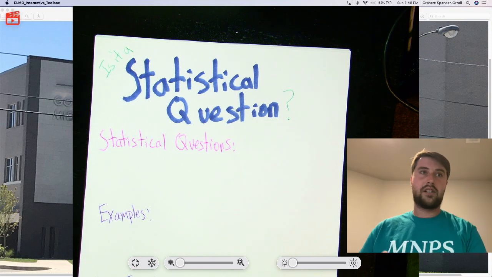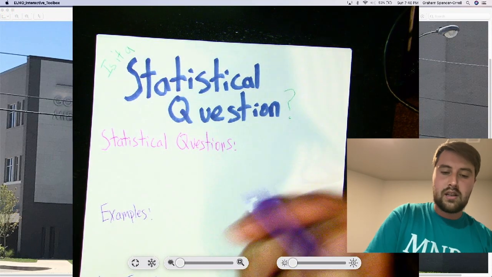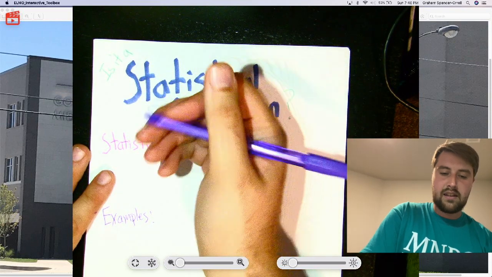But statistical questions, they're pretty simple and straightforward. They are questions that require data to answer.